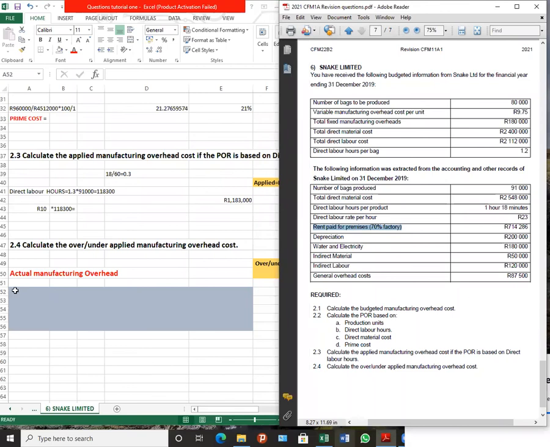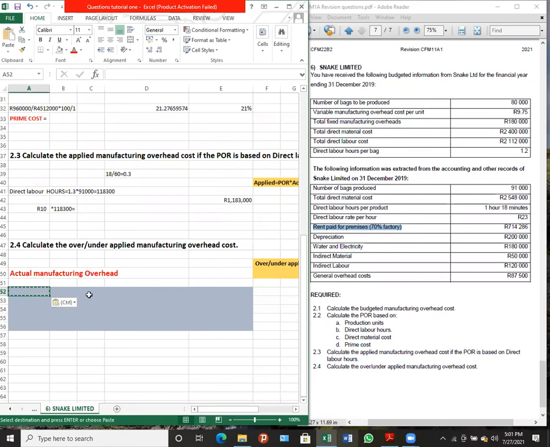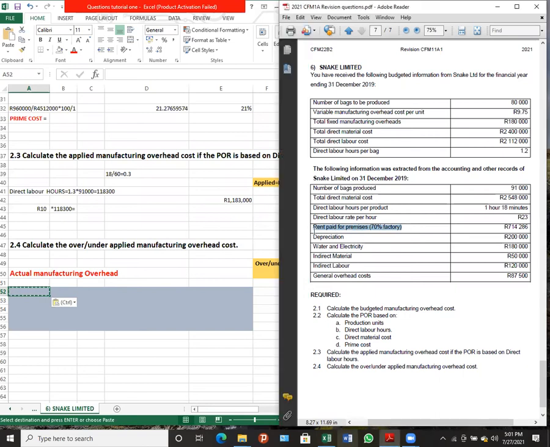Rent, water and electricity, indirect material, indirect labor. What about depreciation? Depreciation also. Why don't you take general overhead?